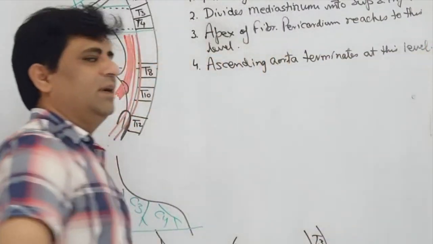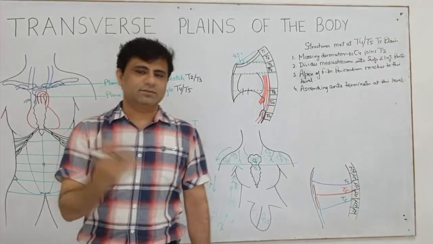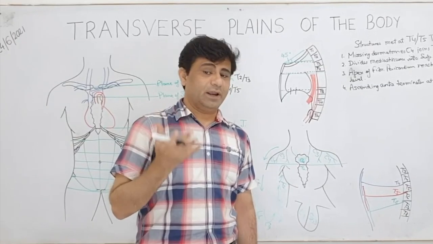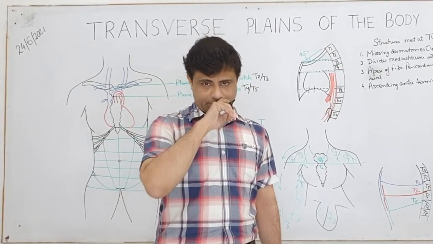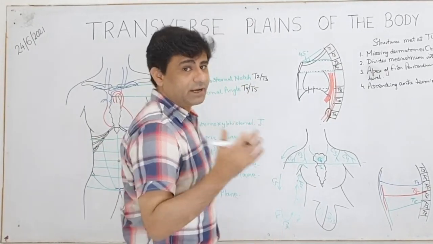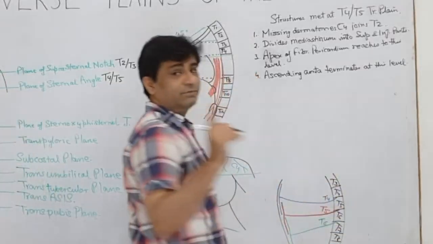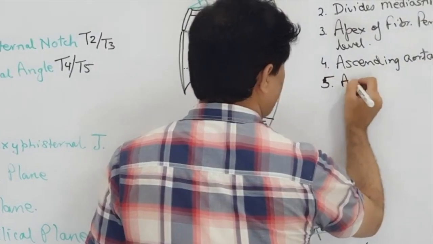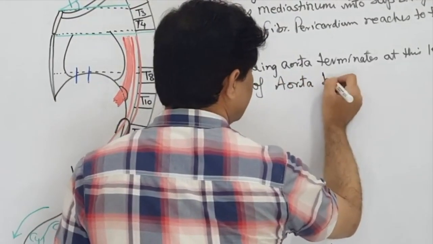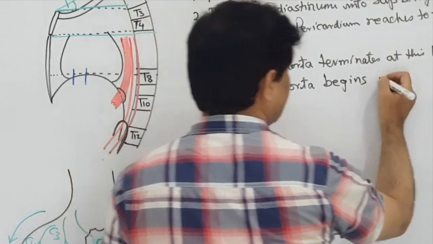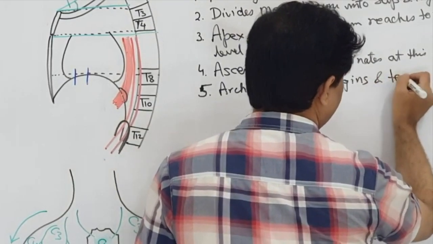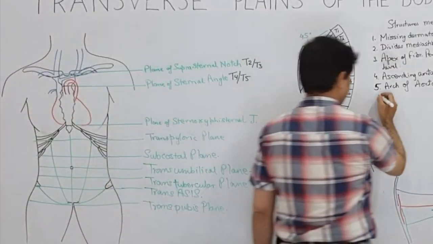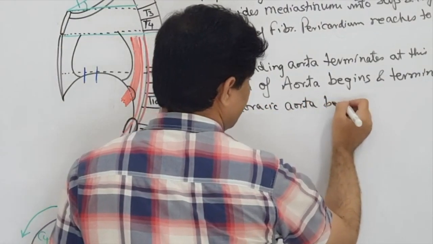In case somebody asks what is the vertebral level or a transverse section in which you will find the ascending aorta, the answer will be the T5 vertebral level. Then the arch of aorta begins at this level and terminates at this level. And then the thoracic aorta begins at this level.